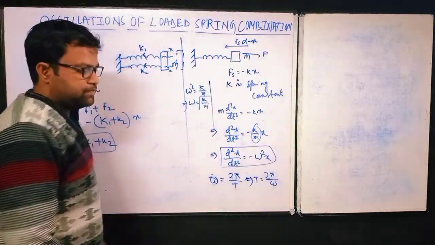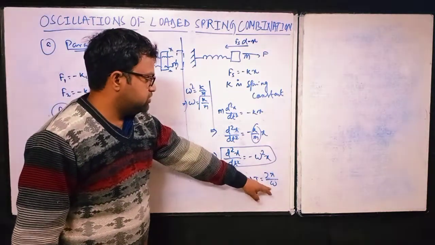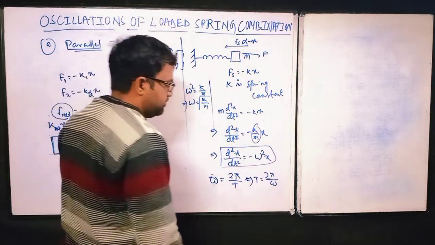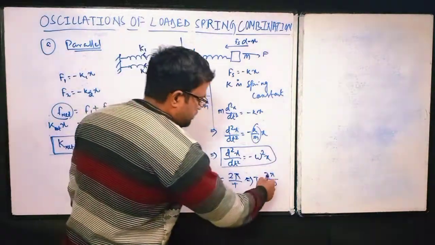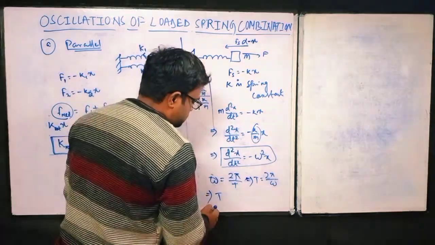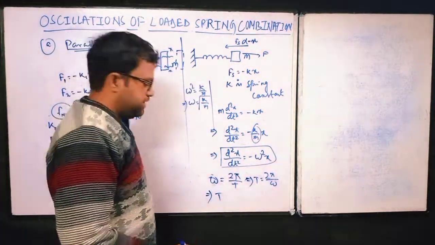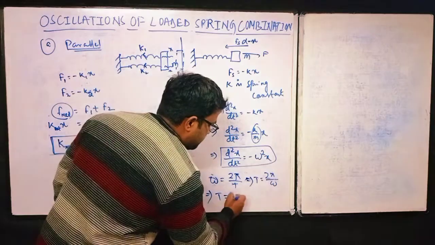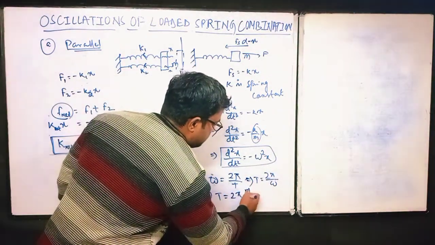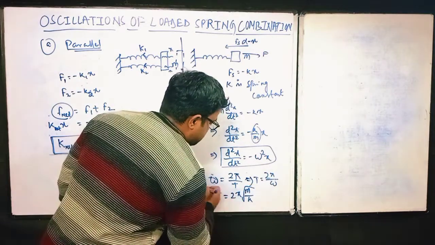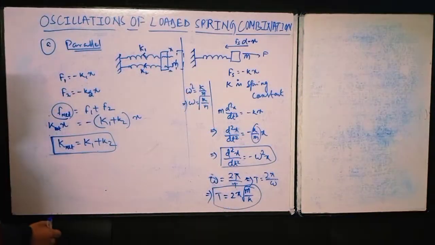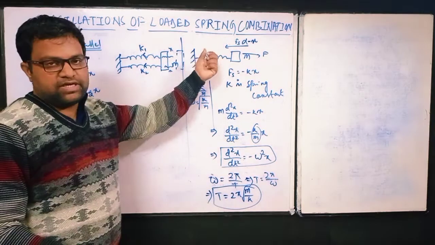Omega is in the denominator, so m will go up and k will be in the denominator. So you can write that the time period for a single mass attached to a spring is T equals 2 pi root over m by k. This is your time period for a single mass attached to a single spring.